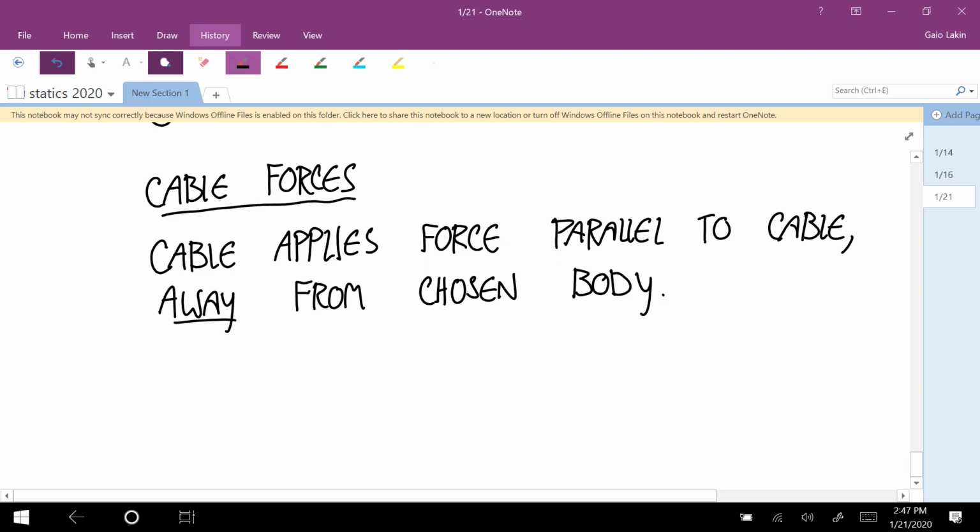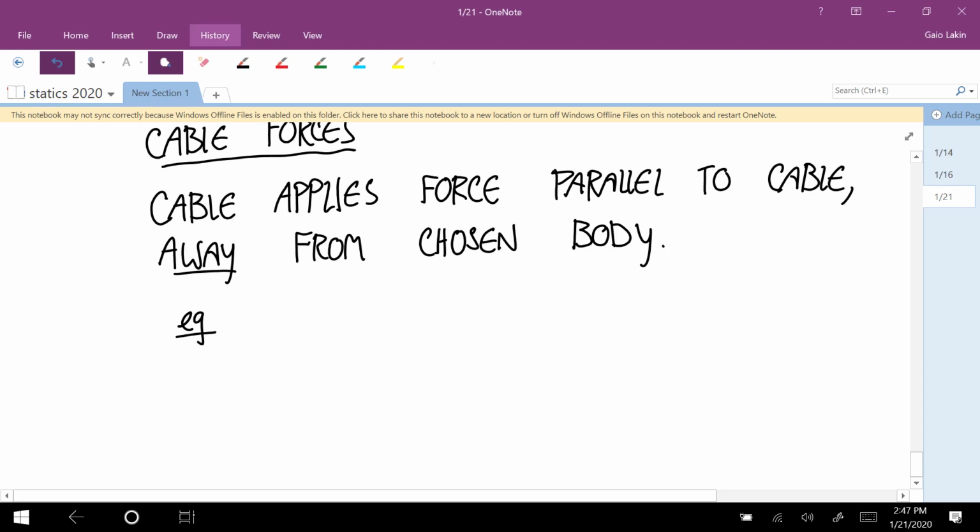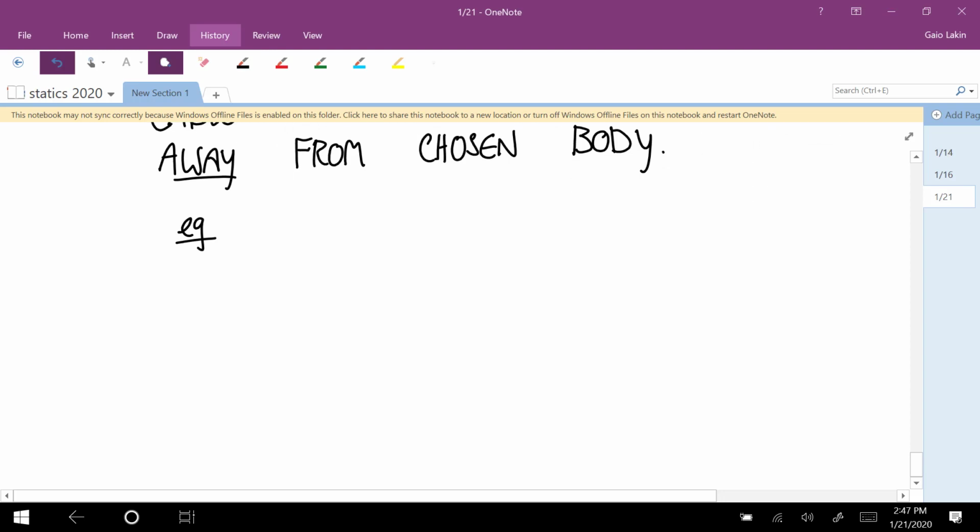Okay, so let me show an example. So if you have a pulley attached to the ceiling and you have one mass hanging by a cable that goes over one side, call this body 2, and then body 1 is hanging from the same cable on the other side.